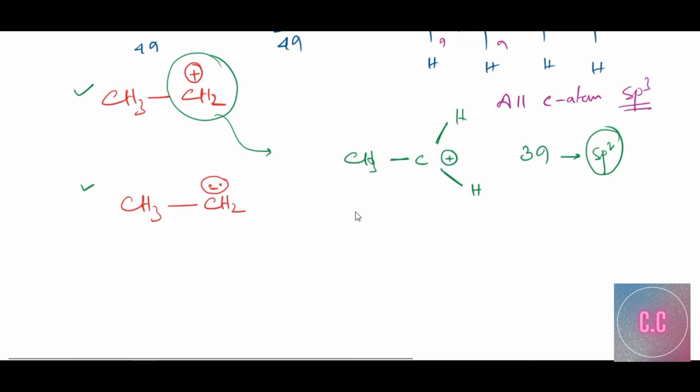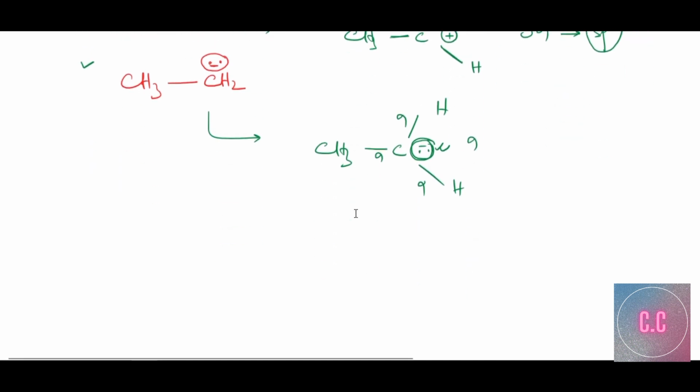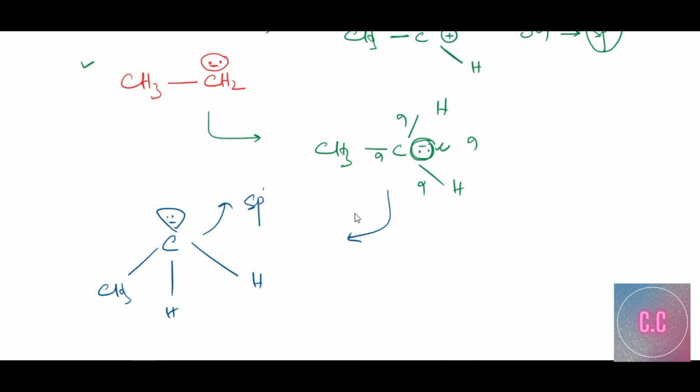And for carbanion, we take the carbon which contains the negative charge, hydrogen, hydrogen, and here is the negative charge. Remember, here you have to take all the sigma bonds, and with that we also take the lone pair of electrons as a sigma bond. Actually, the structure of the carbanion looks like this: C, H, H, H, and one lone pair of electrons over here with a negative charge. That means we take it as sp3 hybridized.